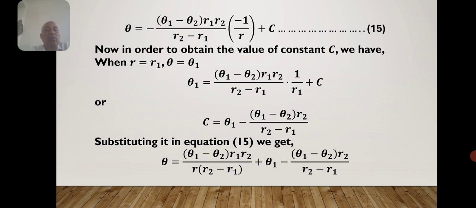Now we have to put this value of c in equation number 15, and therefore we can get the value of theta equals the bracket theta 1 minus theta 2 into r1 r2 upon r2 minus r1 into 1 upon r plus theta 1 minus theta 1 minus theta 2 into r2 upon r2 minus r1.